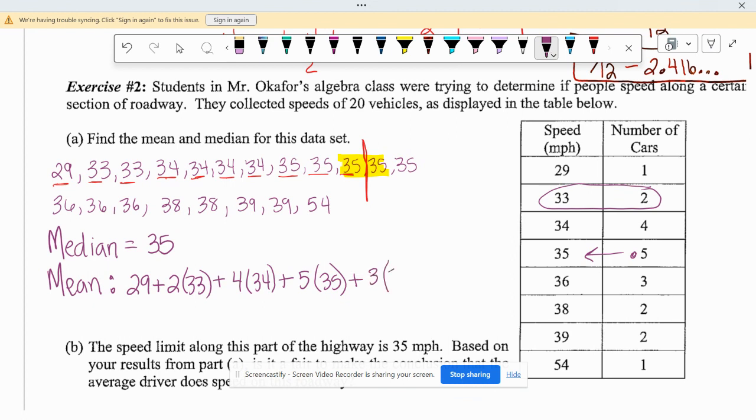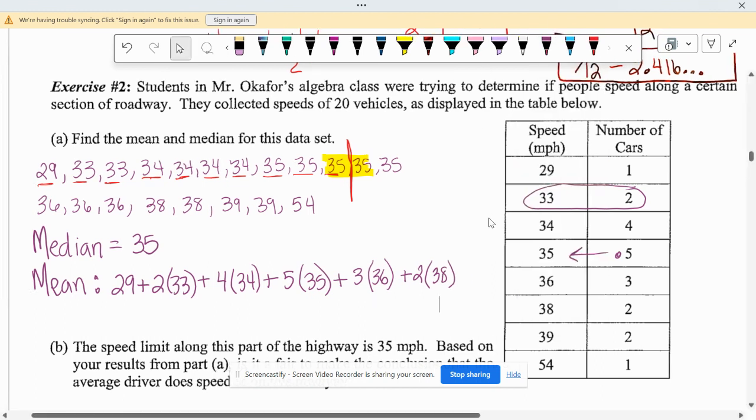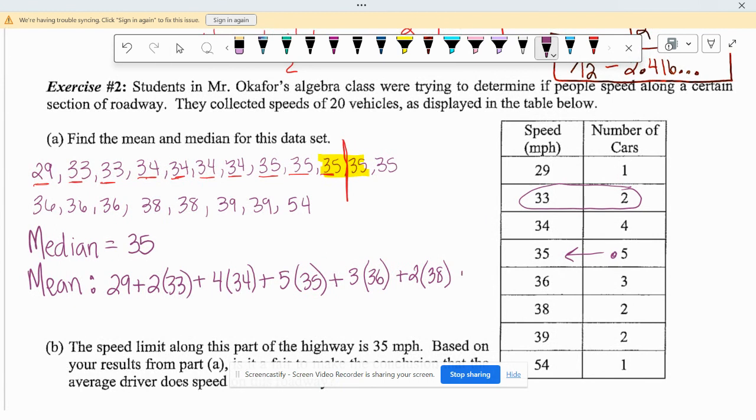Yeah, 3 times 36 plus what? 2 times 38 plus 2 times 39 plus my 54.